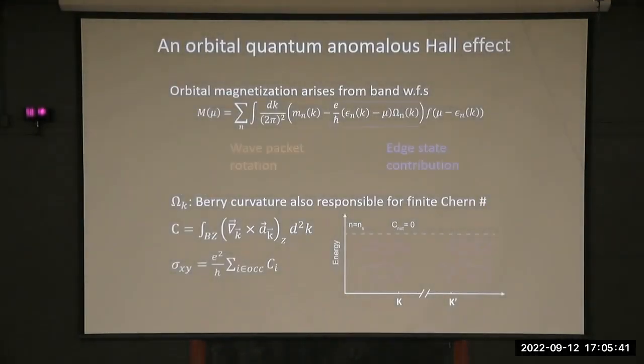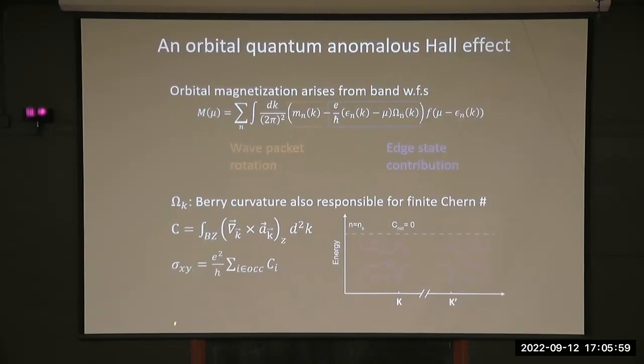So to understand what's going on, actually we can just go back to this formula for the orbital magnetization, and we see that the same effect that generates the orbital magnetization, the Berry curvature, is the same thing responsible for quantization of the Hall effect.